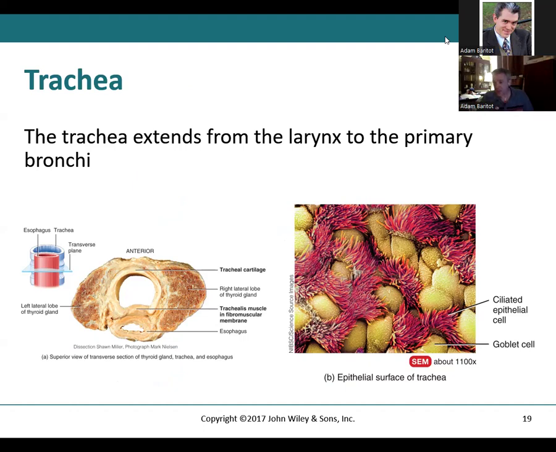You can see that we have some ciliated epithelial cells. Again, the body loves its tiny little hairs. Those ciliated cells act as part of a protection mechanism to prevent structures from getting stuck in our throat.